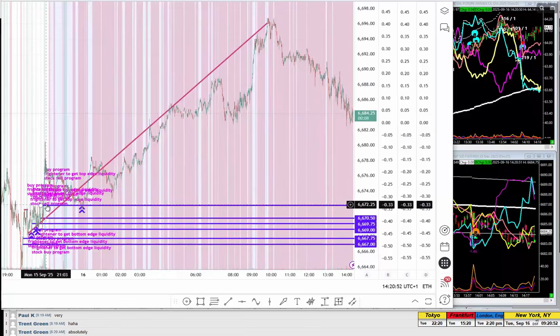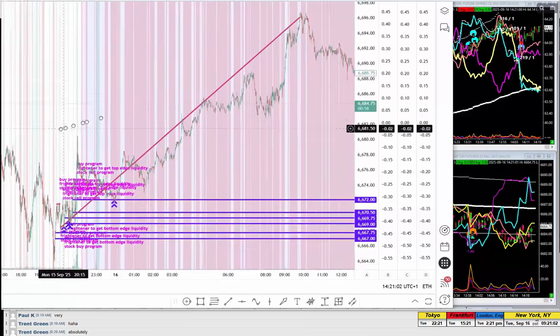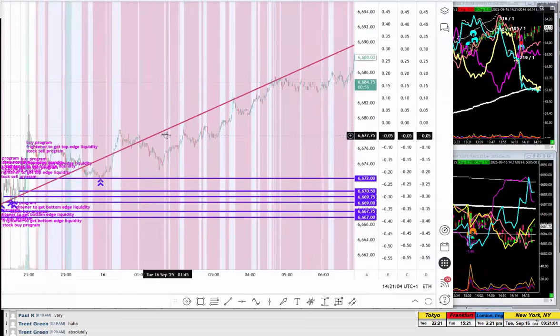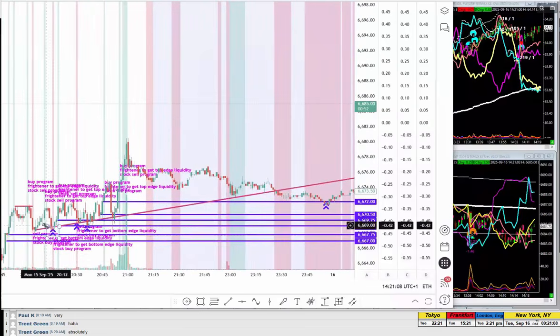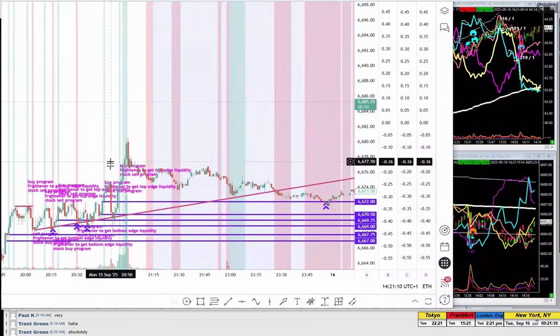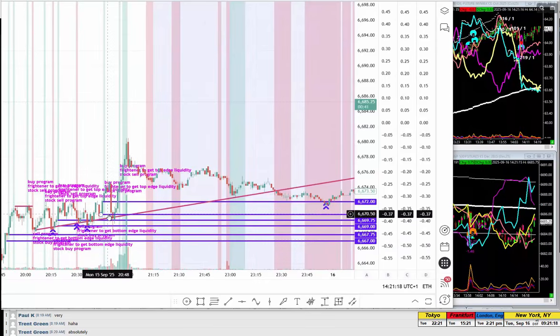The story isn't created just by one signal, is it? It's not just because they get a 1 minute buy program. It's the combination. This is not a 1 minute buy program. This is a sequence of trades that have all been taken as an area. All of these trades in the last hour are effectively one trade, because they all seem to be doing the same thing.